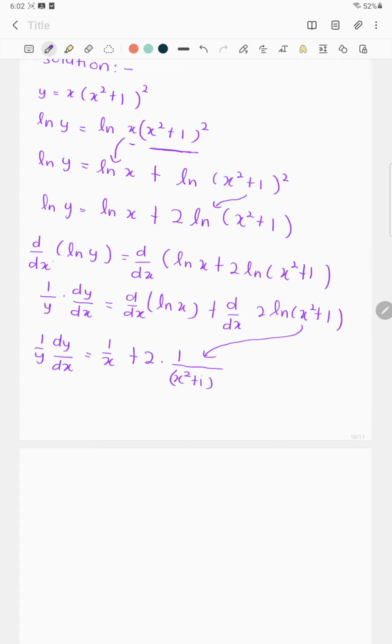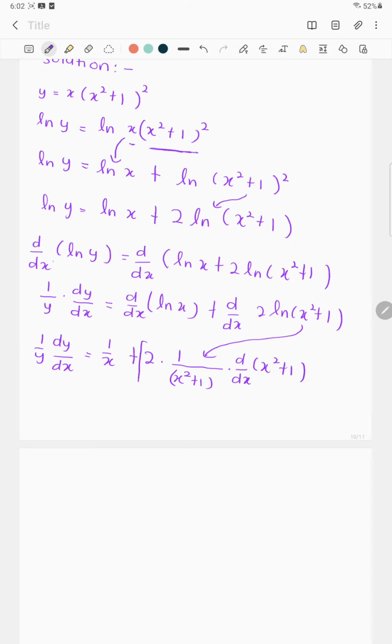This is how you differentiate ln. Then don't forget that x squared plus 1 inside can be differentiated, so we differentiate the inner one, x squared plus 1.